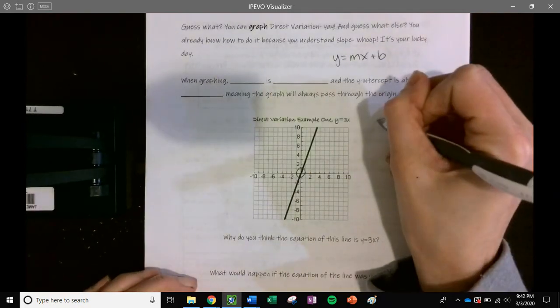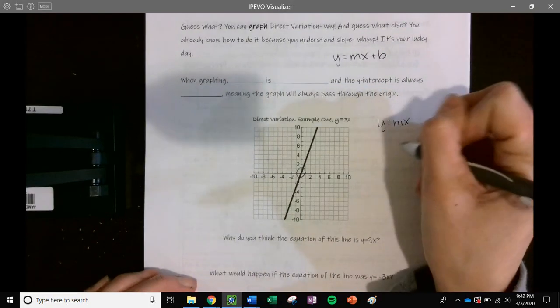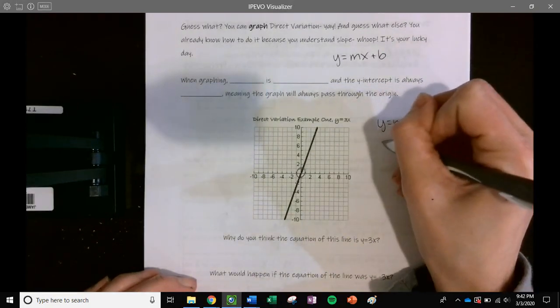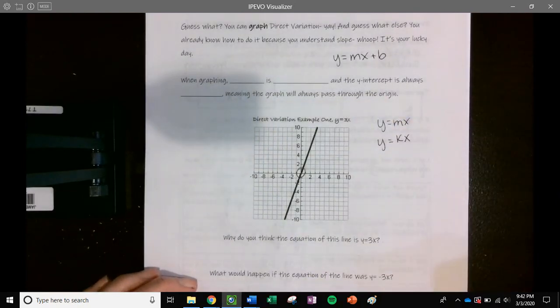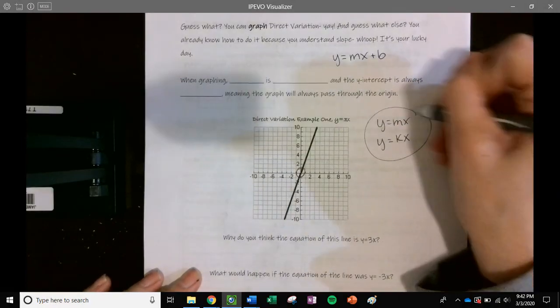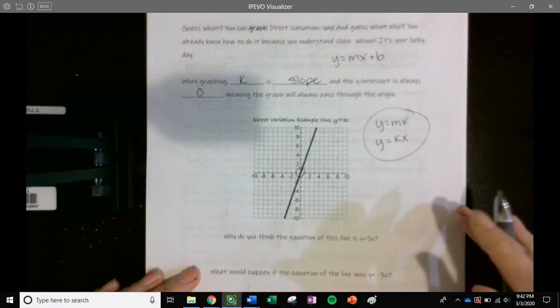So really, y equals mx is the equation of this line, and y equals kx is the equation of direct variation. Well, that means that k is slope, and the y-intercept is always 0.